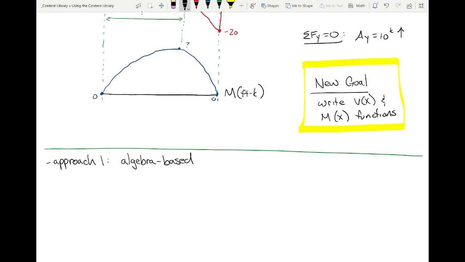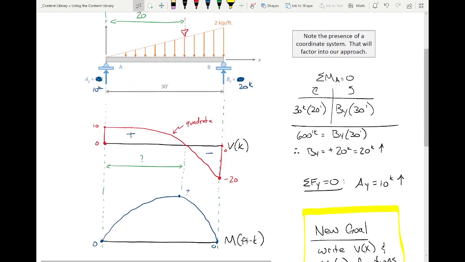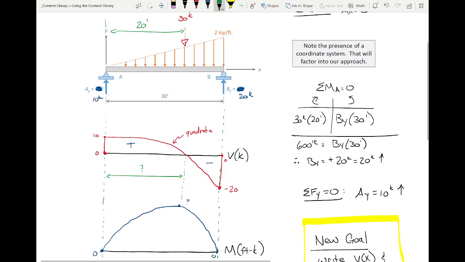Okay? The algebra-based approach is this. What we're going to do is take that samurai sword and that lightsaber, and cut a section. Okay? Now, let me scroll up a little bit so that you see what I'm going to do. I'm going to take this beam, and I'm going to cut a section right here.